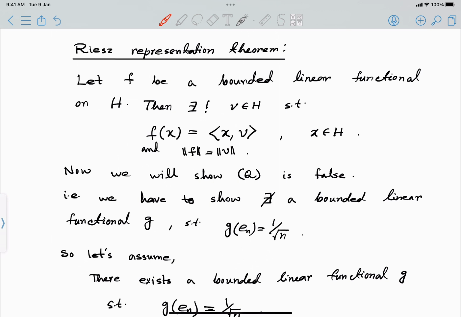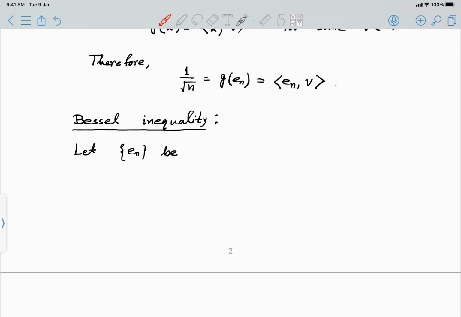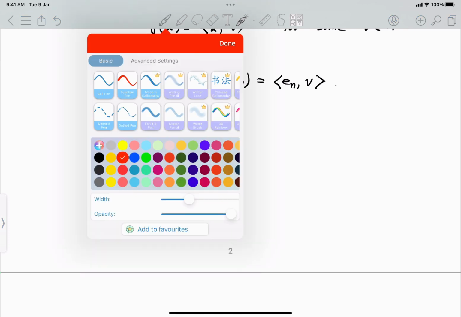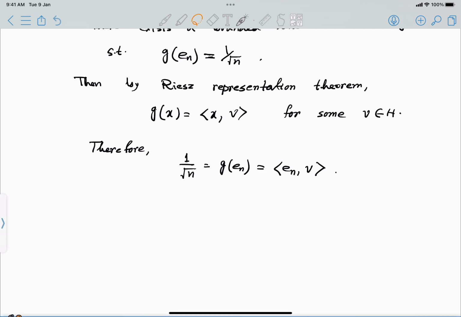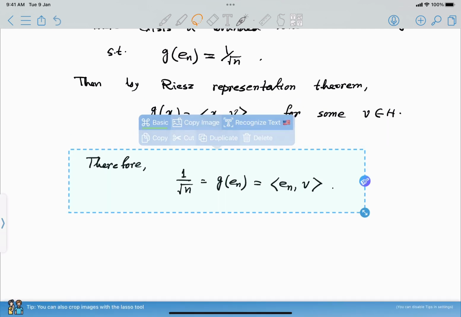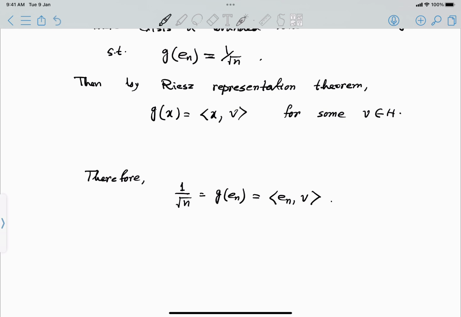So if we use this, then we do not need the Bessel inequality. So the norm of G will be given by the norm of v, by the Riesz representation theorem.